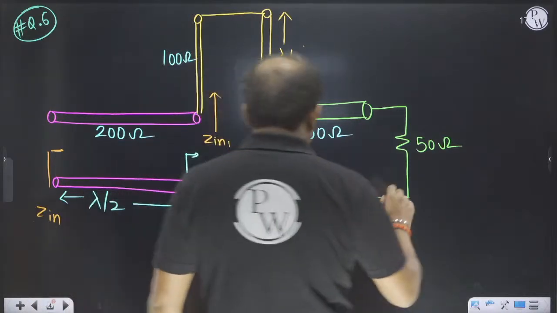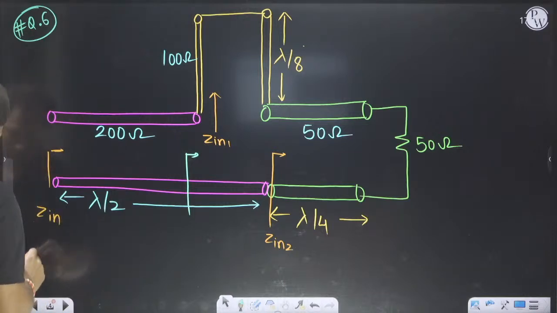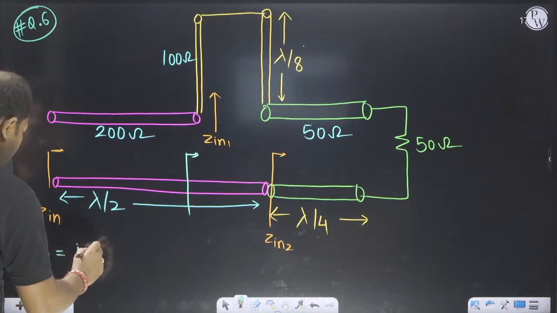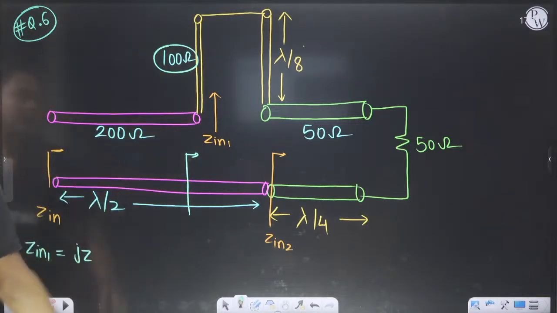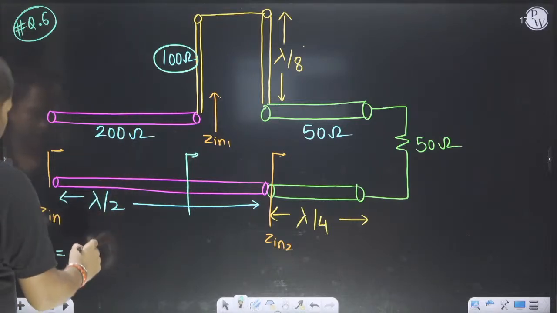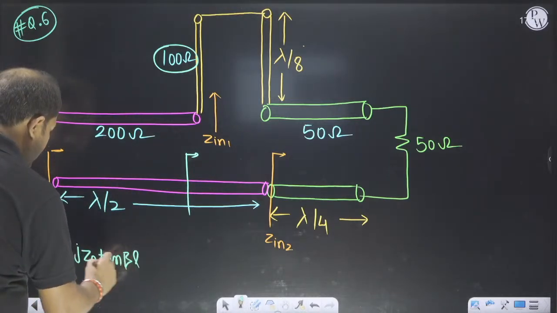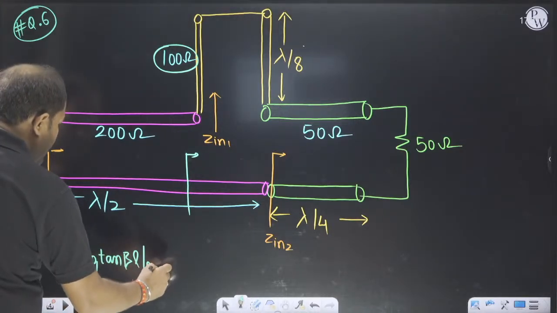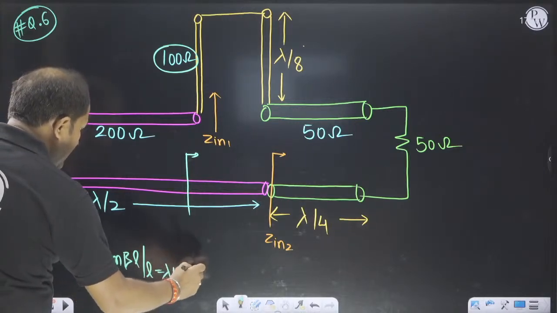So the first one is Zin1. Zin1 is short circuited, so Zin1 is jZ01 tan βL, and Z01 is 100 ohm. L here is lambda by 8.